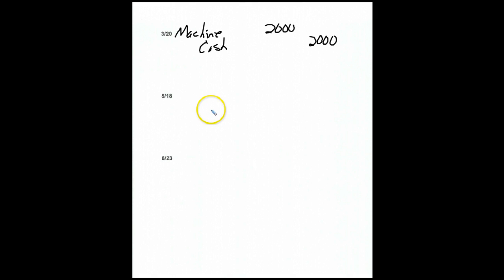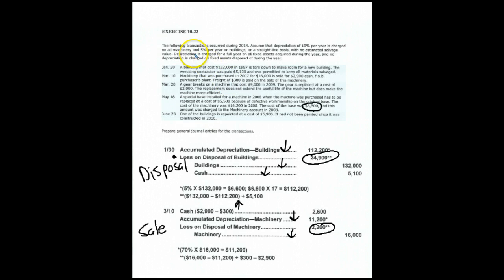We're removing the old base, so we want to reduce the machine account for $3,500. That's the portion of the base. We also want to remove accumulated depreciation related to the base. Now let's go back, and the narrative is going to tell us that annual depreciation expense is 10%.